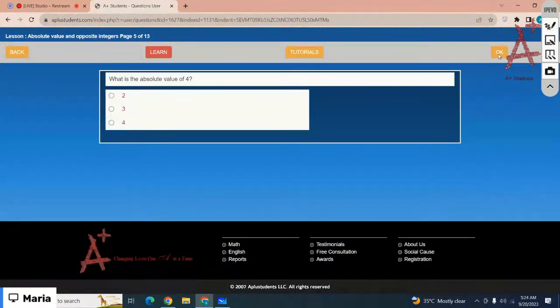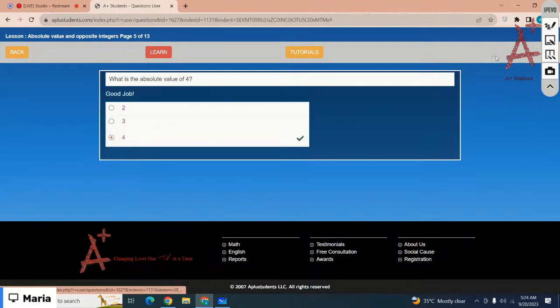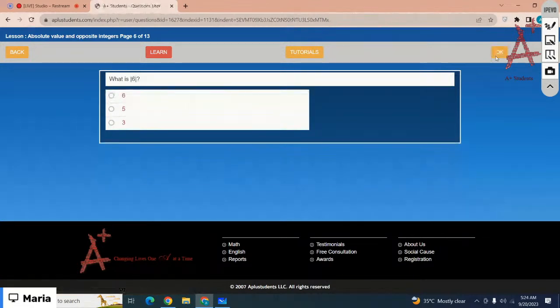What is the absolute value of 4? Yes, that is 4. The correct option is 4. What is the absolute value of 6?